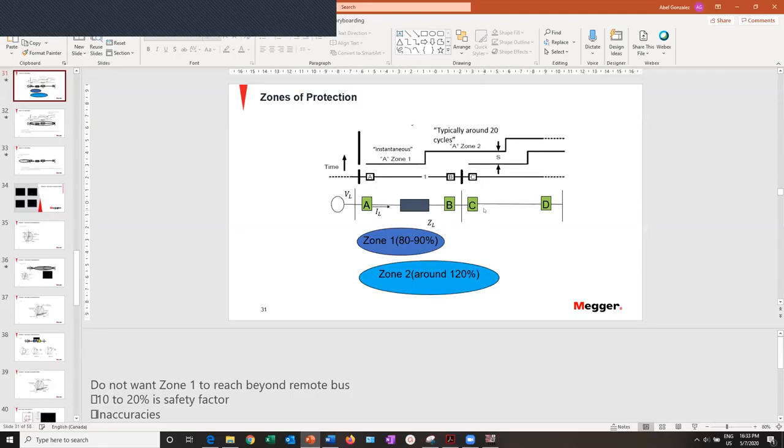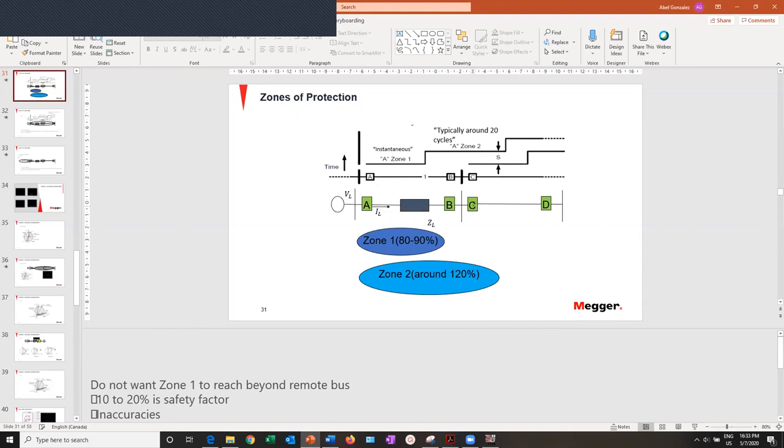It is only meant to operate as backup. And since it's only meant to operate as backup, it should give enough time for the zone 1 of relay C, which should trip instantaneously or with no intentional time delay in maybe a couple of cycles. It should give enough time for the zone 1 of this relay to operate.